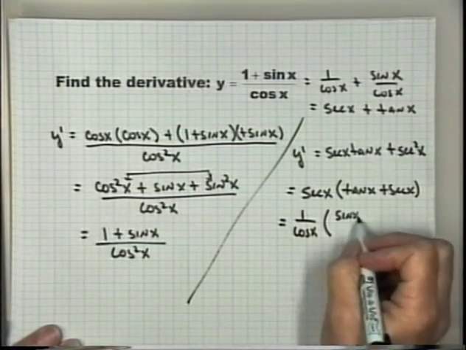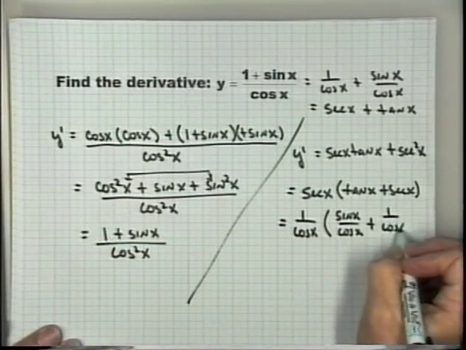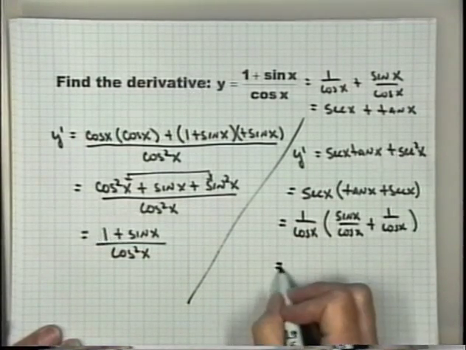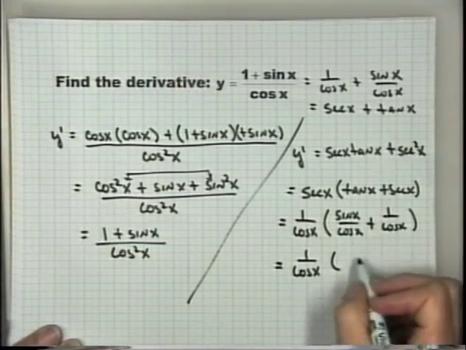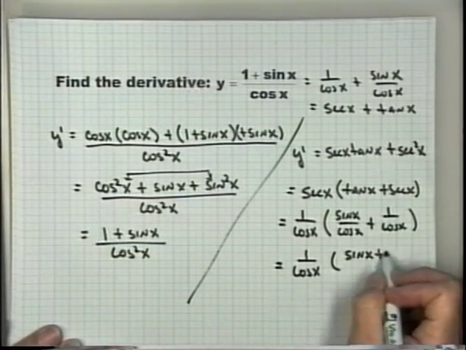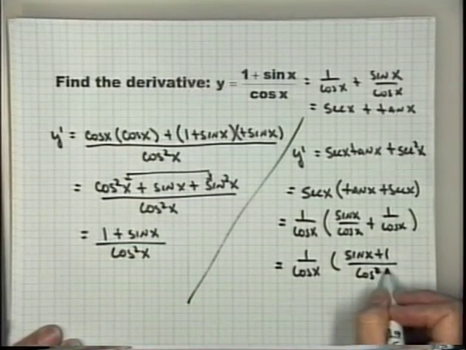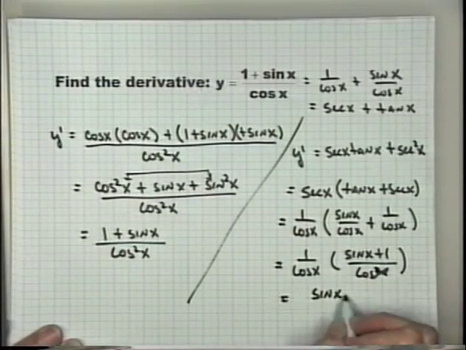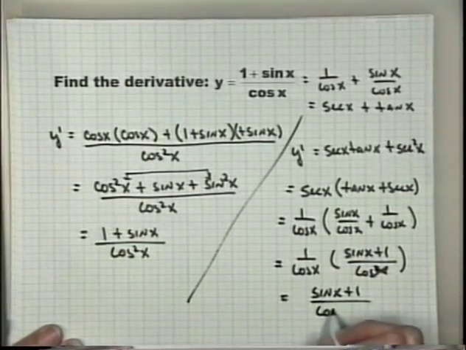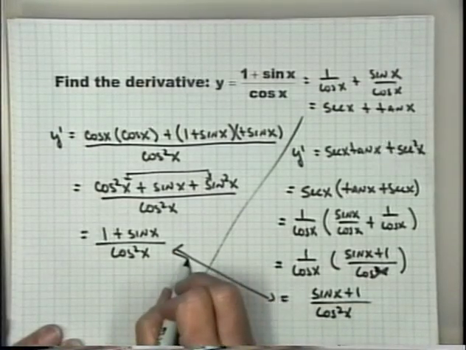Tangent is sine x over cosine x. Secant is 1 over cosine x. So I have 1 over cosine x, and in here with the same denominator, I can say sine x plus 1 over cosine x. And then finally multiplying this, I have sine x plus 1 over cosine squared. And you can see that these are equivalent.